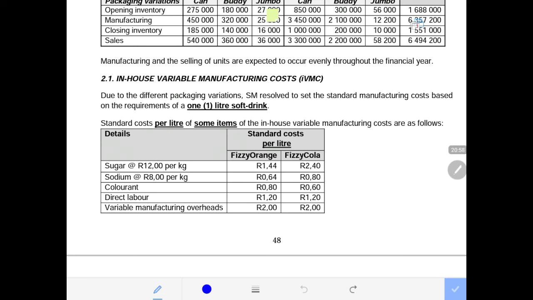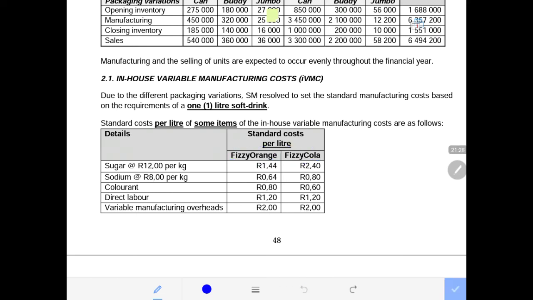We produce 330 milliliter, and we produce 450 milliliter, and we produce 1.25 liter of a glass bottle. Our direct labor is 1.20, and our variable manufacturing overhead. Remember, all the costs that are provided to us are per liter, not per unit. And we are not given information per product variation. We are given information per product type, not per product variation.